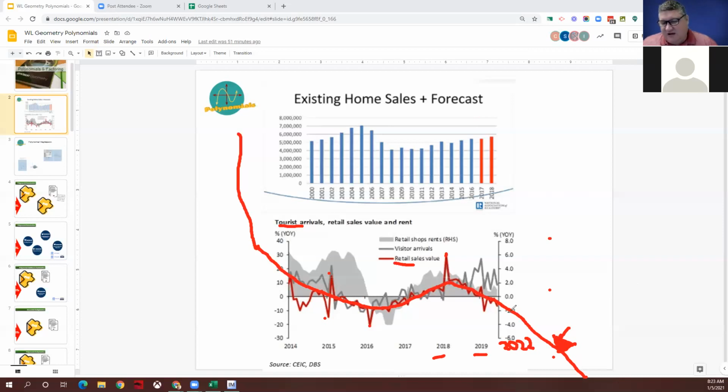Now it's going down. So what else might it do? Might it go like this? Oh, it might stay the same. Yes. Maybe it levels off. That's a good question. Maybe it stays the same.